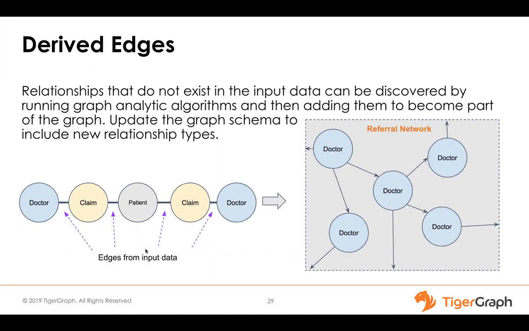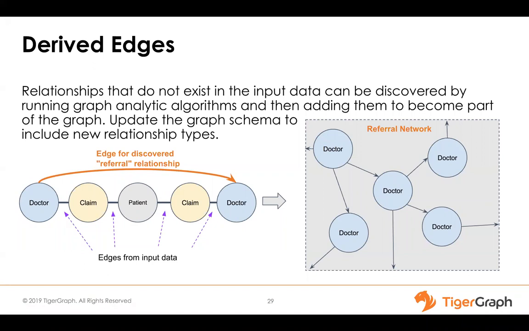A referral relationship will be created once one patient has 2 consecutive claims with 2 different doctors. Then we say these two doctors are related, they refer to each other. And with this referral edge, you can run PageRank, then you can find the most influential doctors in the network.